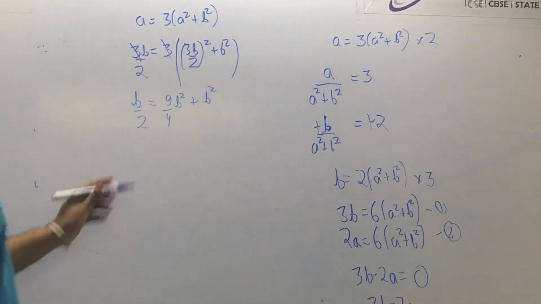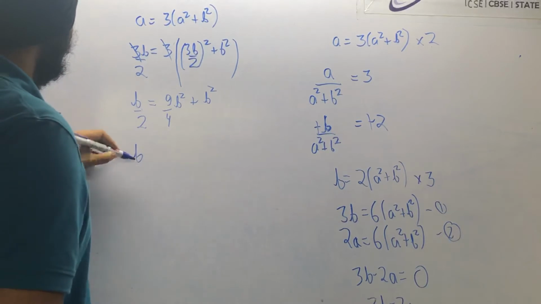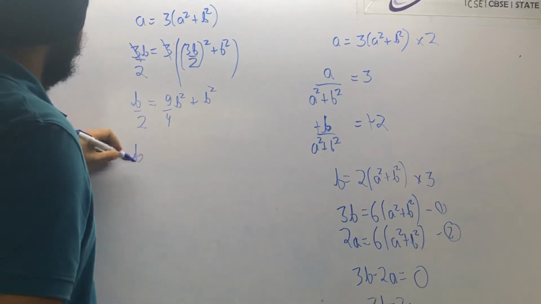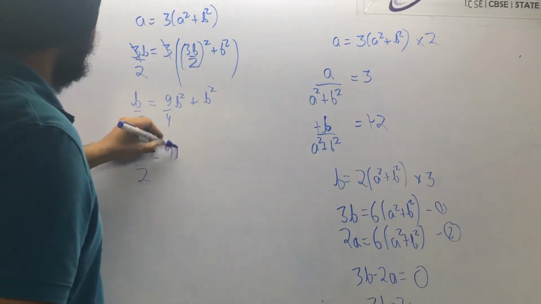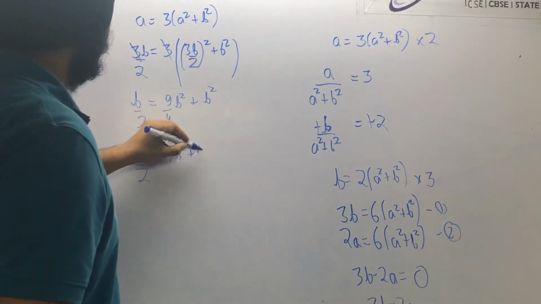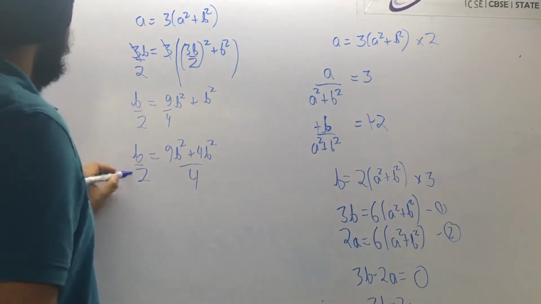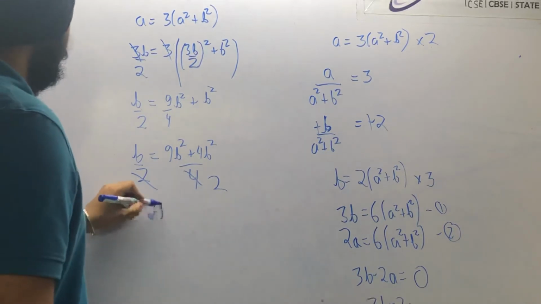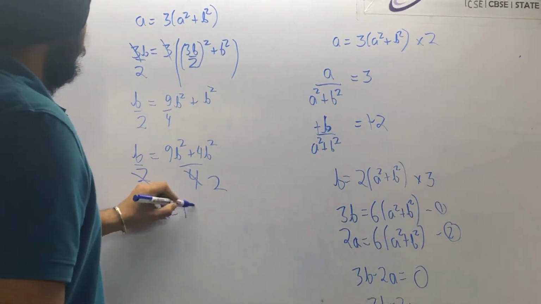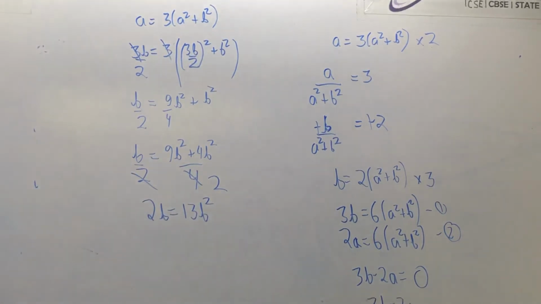LCM you can take, LCM will be 4, so b by 2 is equal to 9b square plus 4b square divided by 4. So 2 and 2 cancel, 2 you will get on this side, so 2b is equal to 13b square.